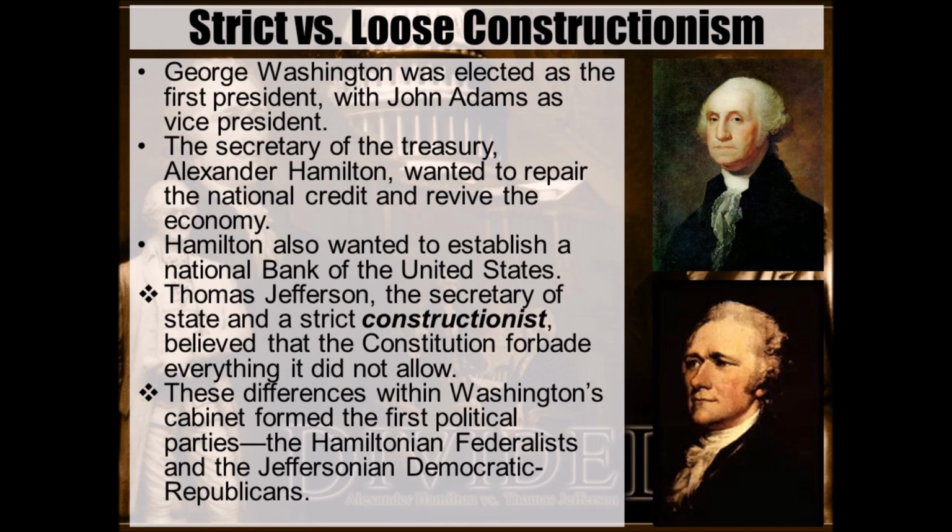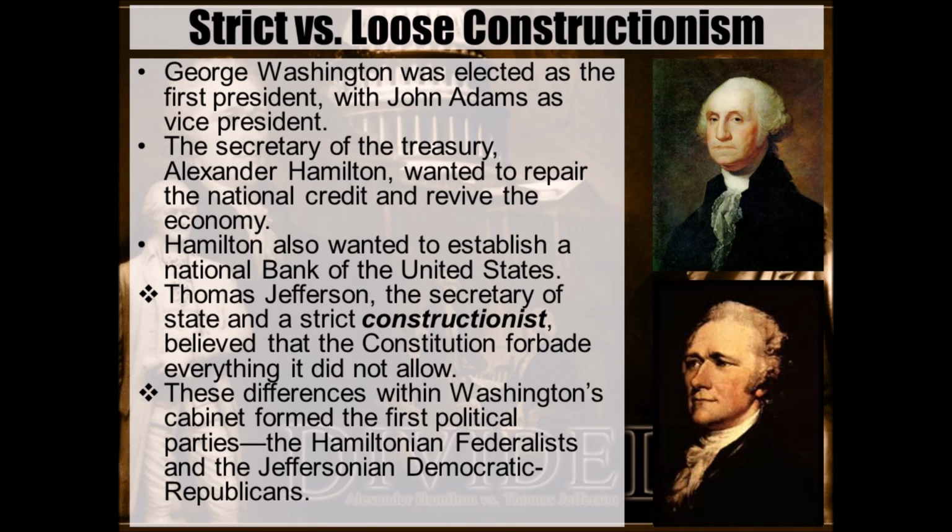And one of the early debates was what they called strict or loose constructionism. In other words, how do we determine what the powers of the Congress, the President, and the third branch, the Supreme Court, were supposed to be? And there were some that said, well, if it isn't written in the Constitution, then you can't do it.